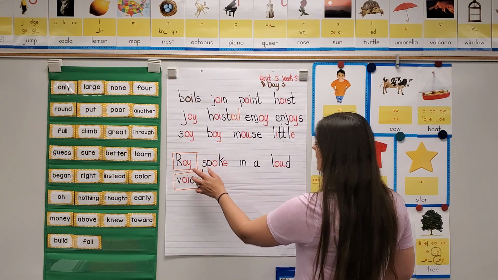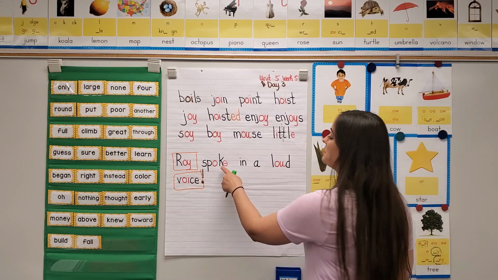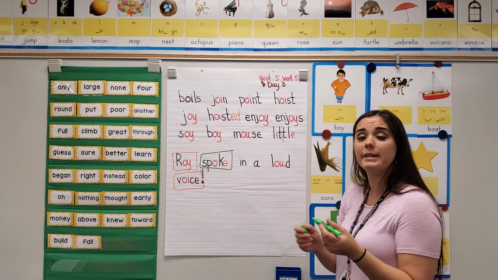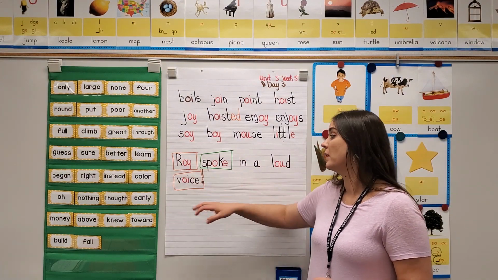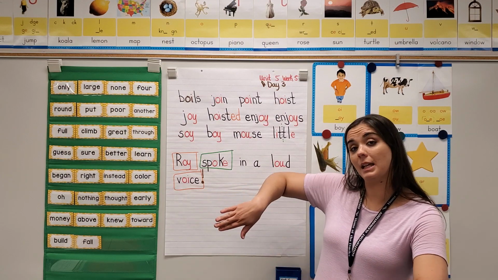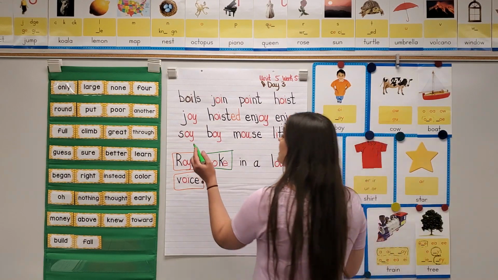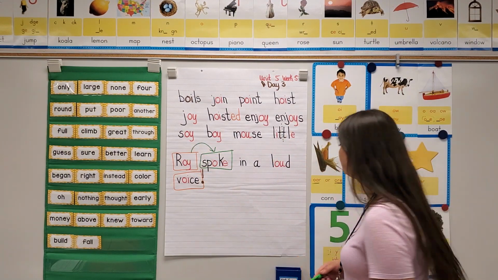So Roy and voice are our nouns, and spoke is the verb. Remember, a noun always does the verb. So look at our nouns, voice and Roy. Is voice doing anything in our sentence? Nope. Roy is the one who is doing the action. Roy is doing the speaking.